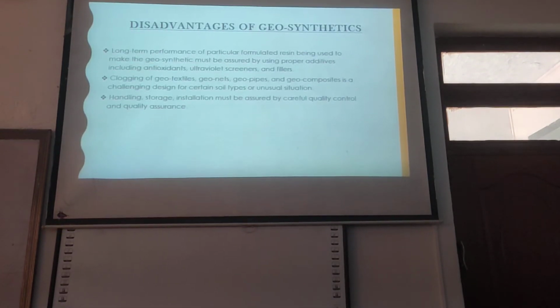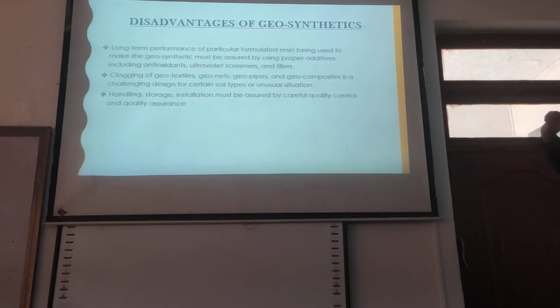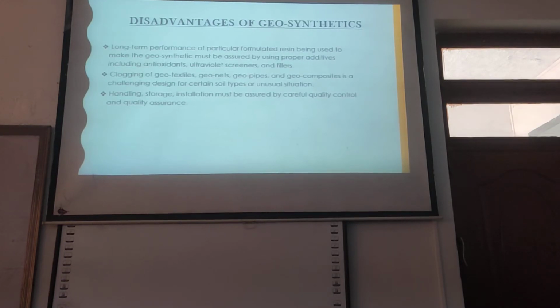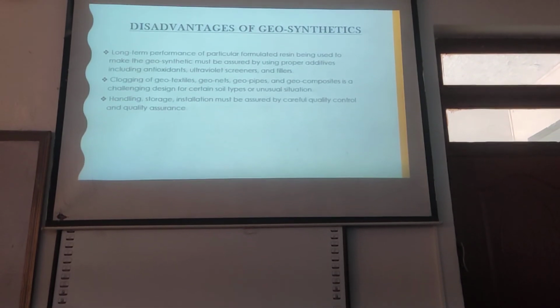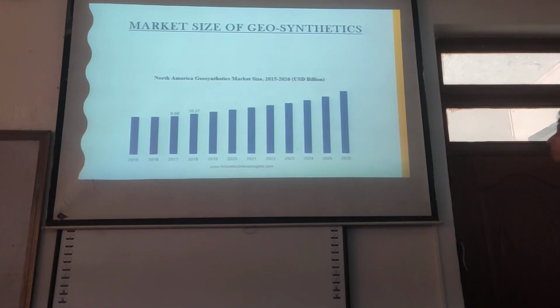So we have to use antioxidants, UV screeners and fillers in order to avoid these unforeseen circumstances. Clogging of geotextiles, geopipes and geocomposites is a challenge designed for certain soil types or unusual situations. And plus they are not so easy to handle or store or install, and careful quality control has to be taken under consideration.